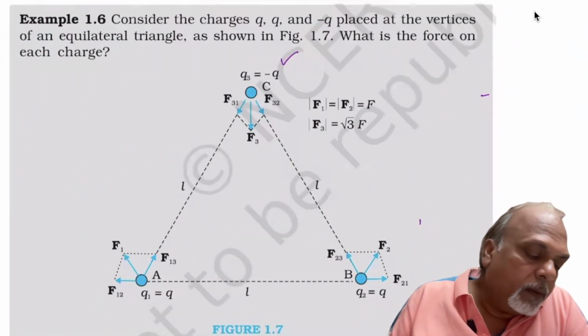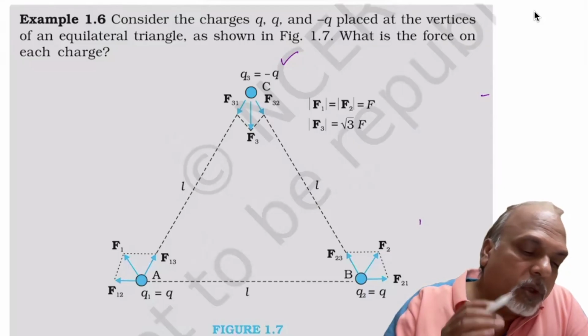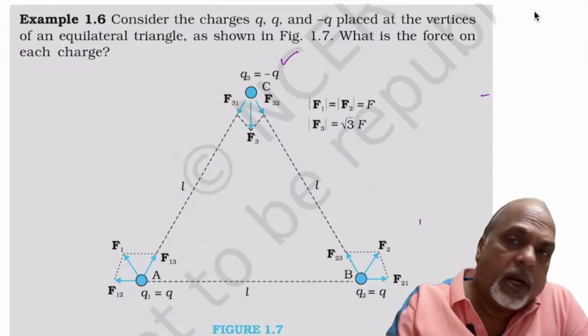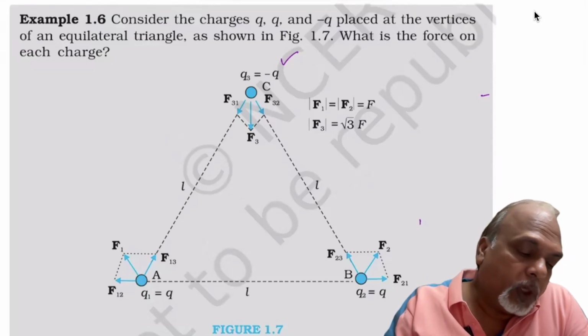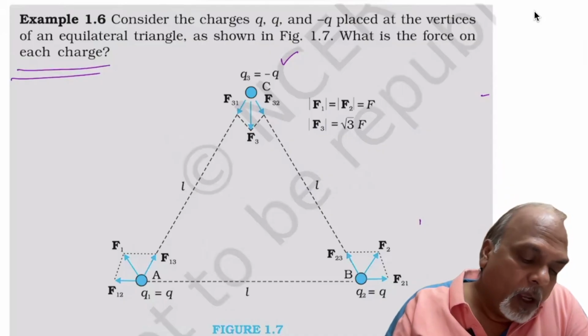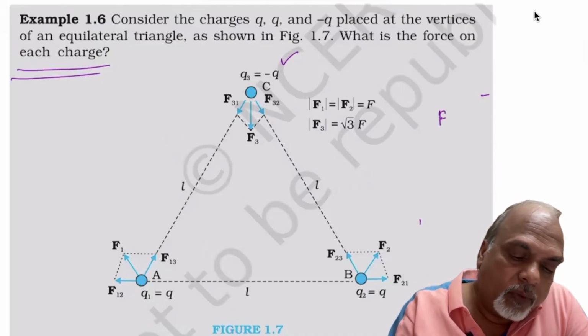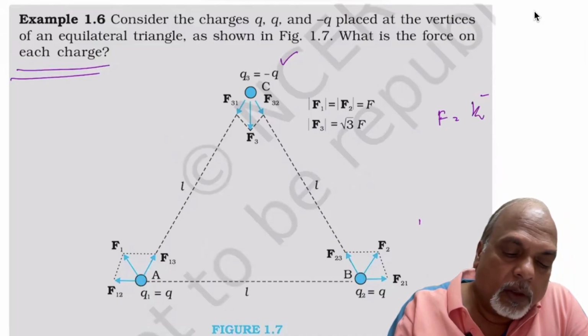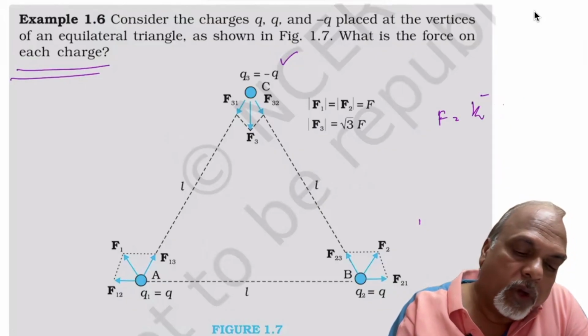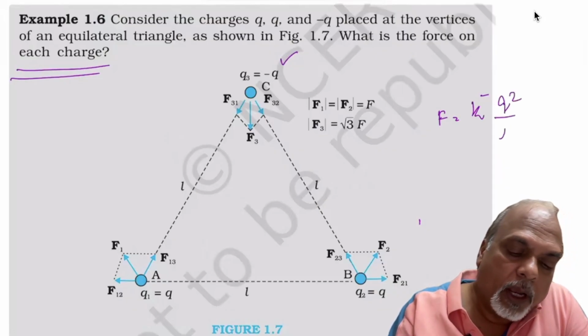Let us see this question. Consider the charges Q, Q, minus Q placed at the vertices of an equilateral triangle. Correct? What is the force on each charge? So the magnitude of the forces is nothing but K Q1 Q2, or you can say Q square upon L square.